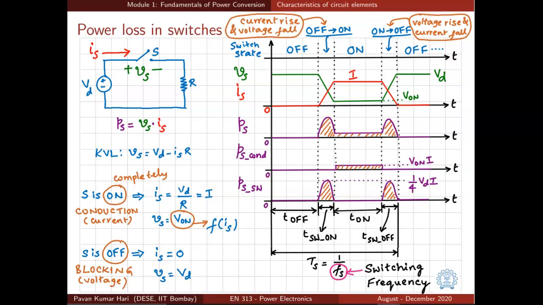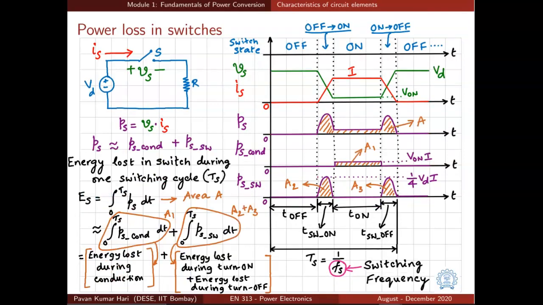It is worth noting that the current carried by the switch when it is on depends on the external circuit elements Vd and R in this case, and the voltage across the switch when it is on is often a function of the current flowing through the switch. That is what is shown here: V on is a function of Is. And the voltage blocked by the switch when it is in off state is also decided by the external circuit elements. In this case, the switch is blocking a voltage of Vd.